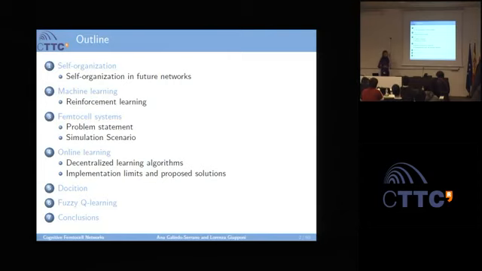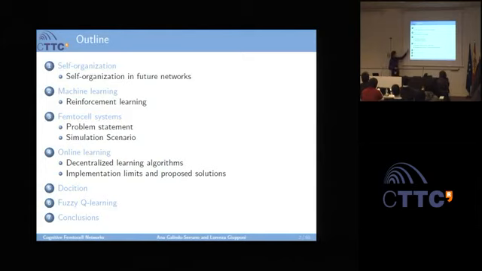And then we will continue with more specific matters about the design of the decentralized learning algorithms. Then we will see some simulation results and some of the implementation limits of this learning system. And if we have time, we will go for the proposed solutions we have for these problems.